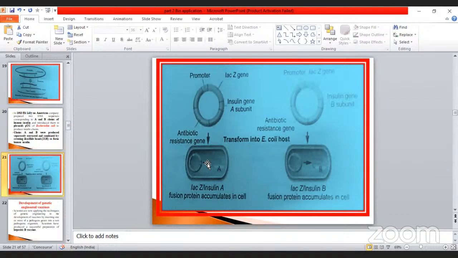Inside the host, it undergoes the multiplication process. It will produce the insulin A subunit containing proteins, and here the B subunit proteins. So these are all very, very important concepts.